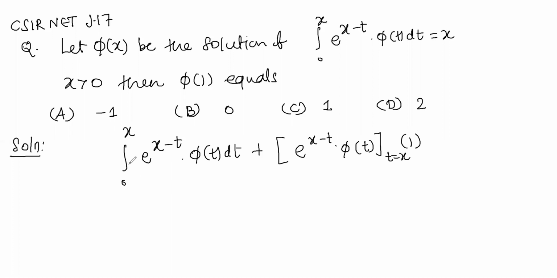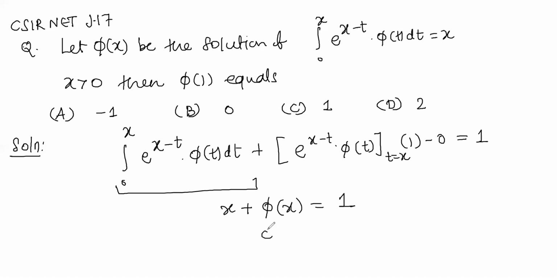The first quantity can be replaced by x. Here x minus x will be 0, so e power 0 will be 1, and it will be just phi of x. So phi of x will be equal to 1 minus x. They want the value at phi of 1, so phi of 1 will be 1 minus 1, which is 0.